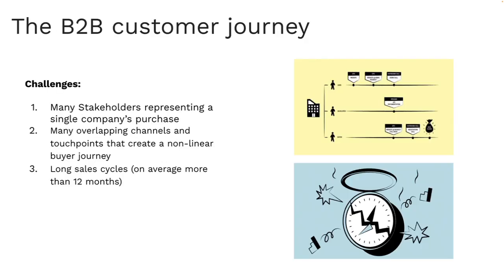So what is the main problem that we see in B2B? B2B customer journeys tend to be quite complicated and complex. That means we have several different stakeholders involved, coming into the conversation and the process at several different times.